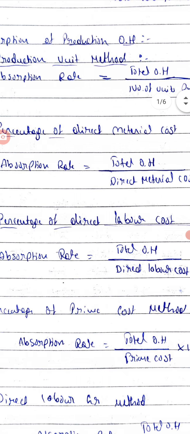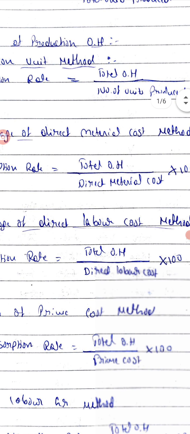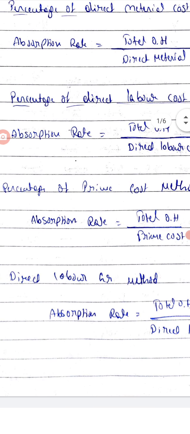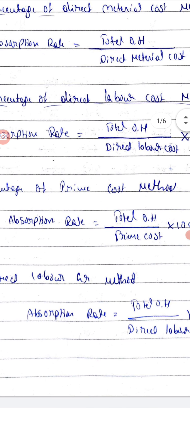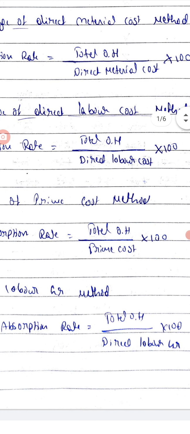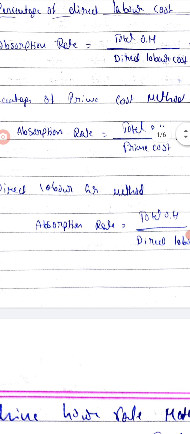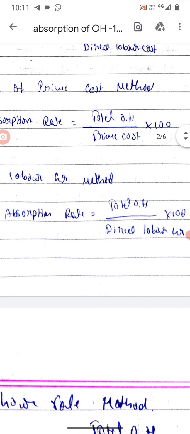And then percentage of direct material cost method. So in this particular method, absorption rate is equal to total overheads divided by direct material cost, whatever is given, into 100%. 100 means it is percentage. So percentage of direct labor cost is also same, total overheads divided by the direct labor cost into 100. And similarly, percentage of prime cost is total overheads divided by prime cost into 100.